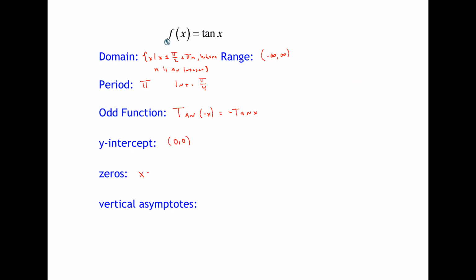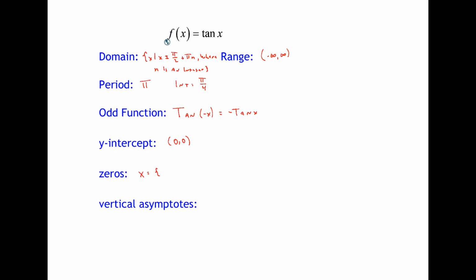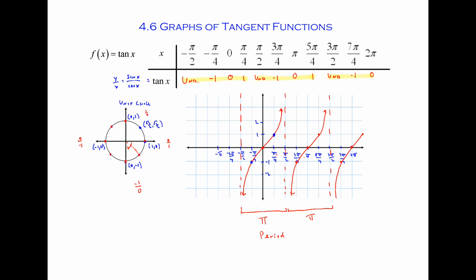The zeros of the graph: x is equal to, and if you go back, you can see it happens at 0, pi, 2 pi, and we can also go in the other direction. So we'll just say x is equal to negative pi, 0, pi, and it represents all those values. And then the same thing in terms of your vertical asymptotes. If you go back and look, your vertical asymptotes occur at negative pi over 2, pi over 2, 3 pi over 2, once again that same thing in terms of the restriction of your domain.